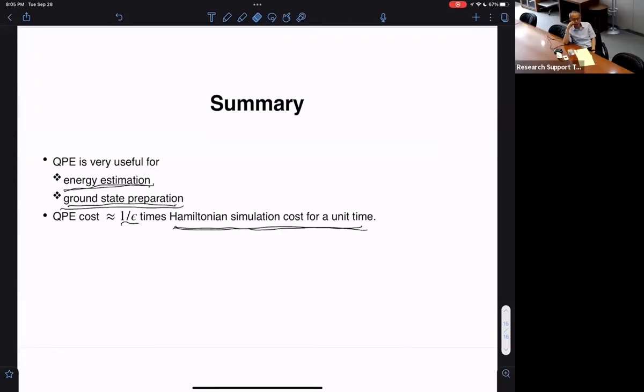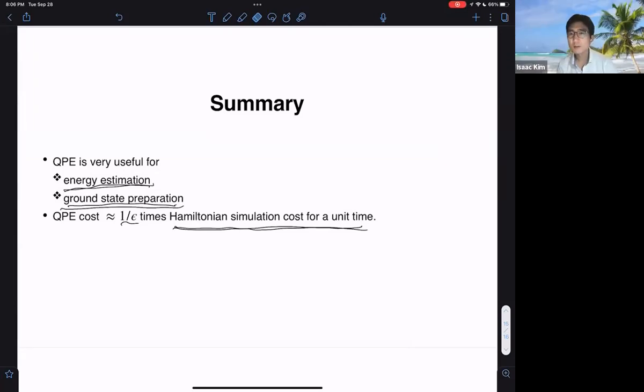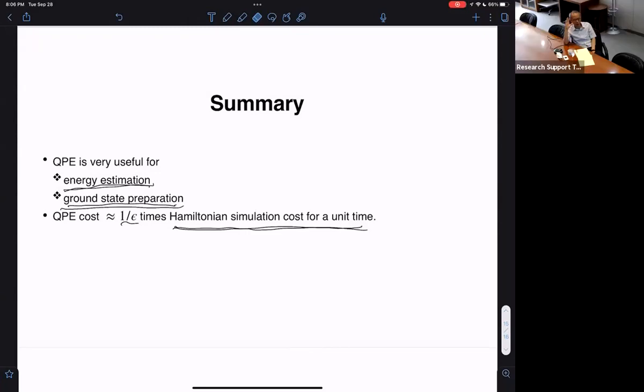Then my question is that in general quantum mechanics, the ground state energy is defined up to an arbitrary shift of a constant value. So this constant has no information. That's right.